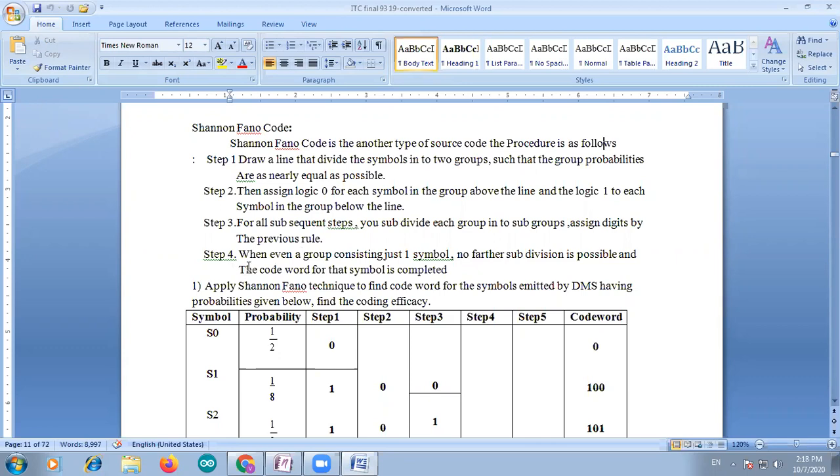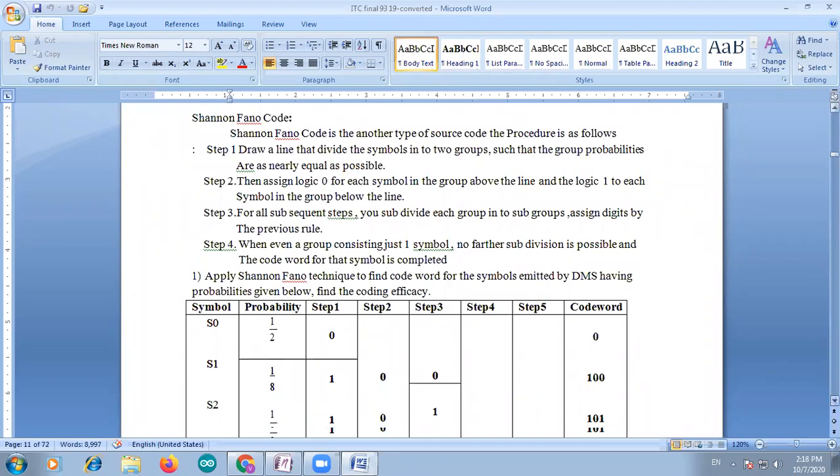That is, when the assigning of bits to the symbol is completed, the group contains only a single symbol. Okay, so that is the procedure.